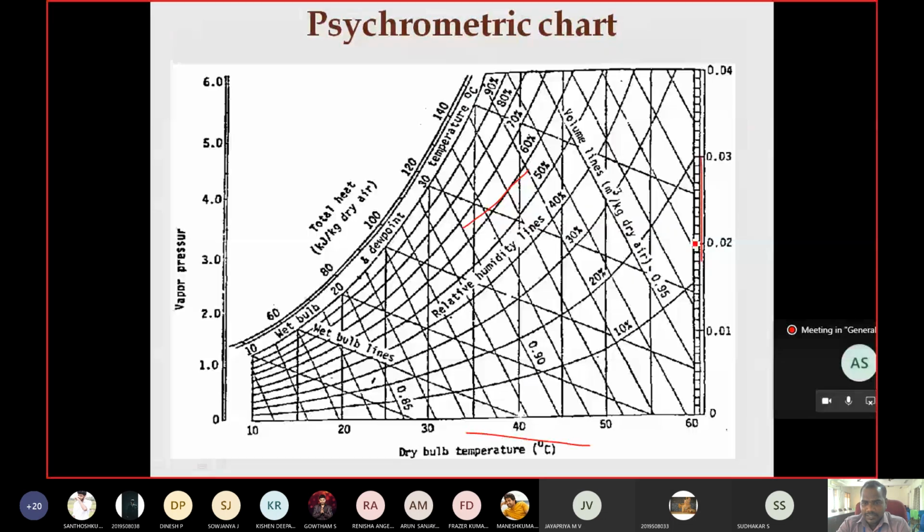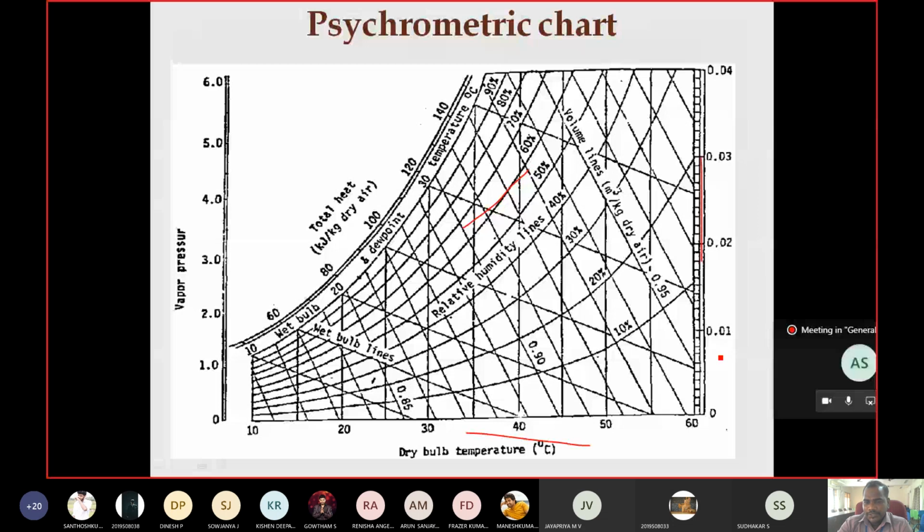The horizontal axis represents the dry bulb temperature in degrees Celsius, and the vertical axis is the humidity ratio, like 0.01, 0.02, 0.03.